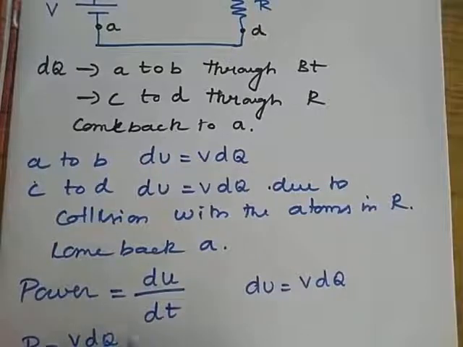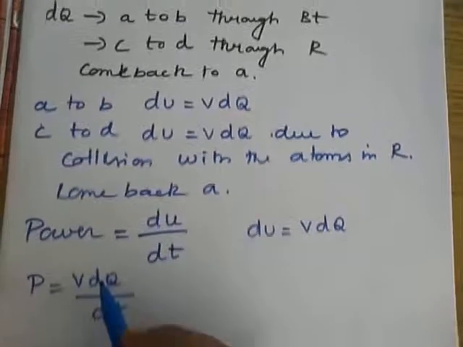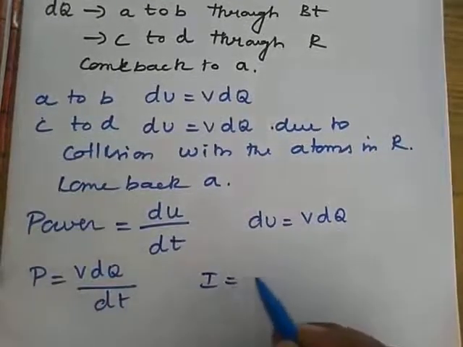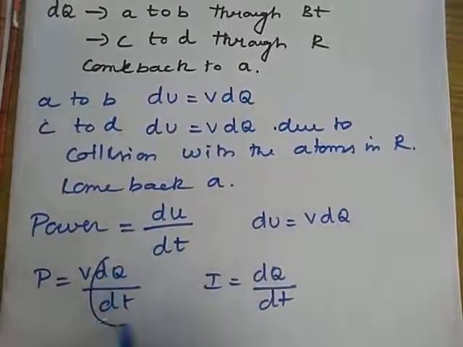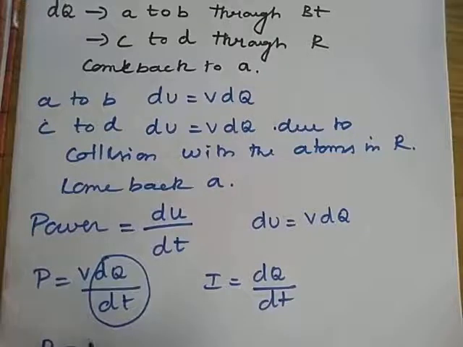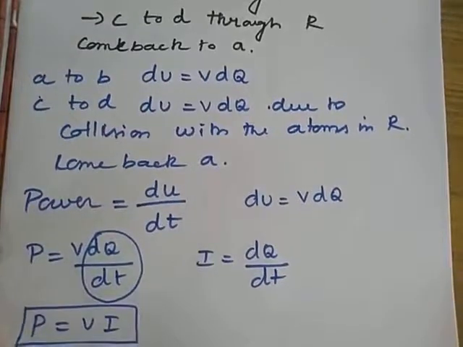We know dq by dt is current, I is equal to dq by dt. Then power P is equal to VI. Power is the product of the current flowing through a circuit and the voltage across the circuit.